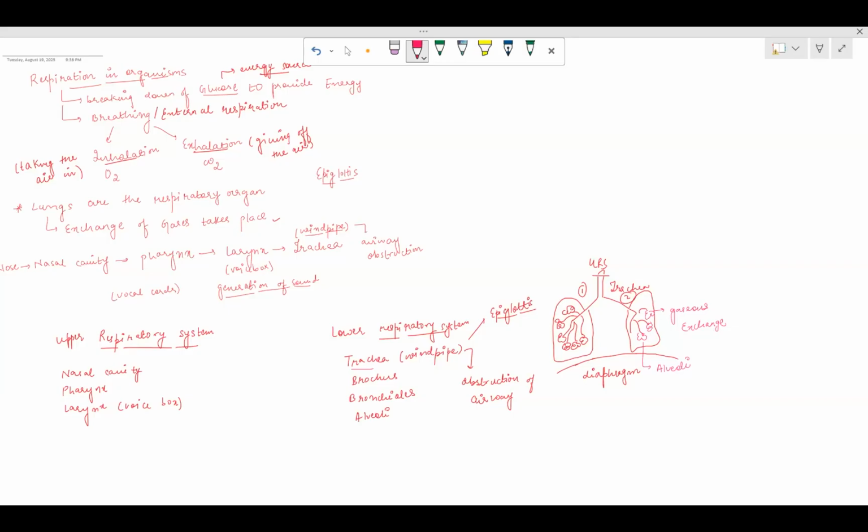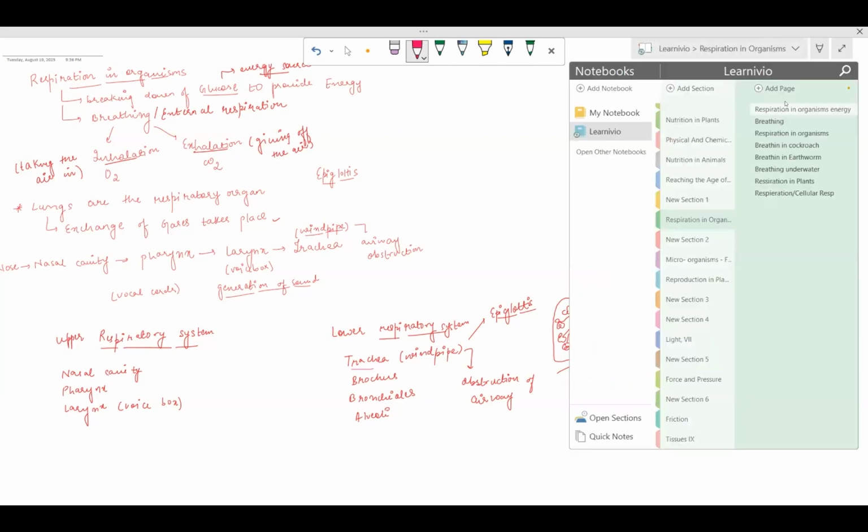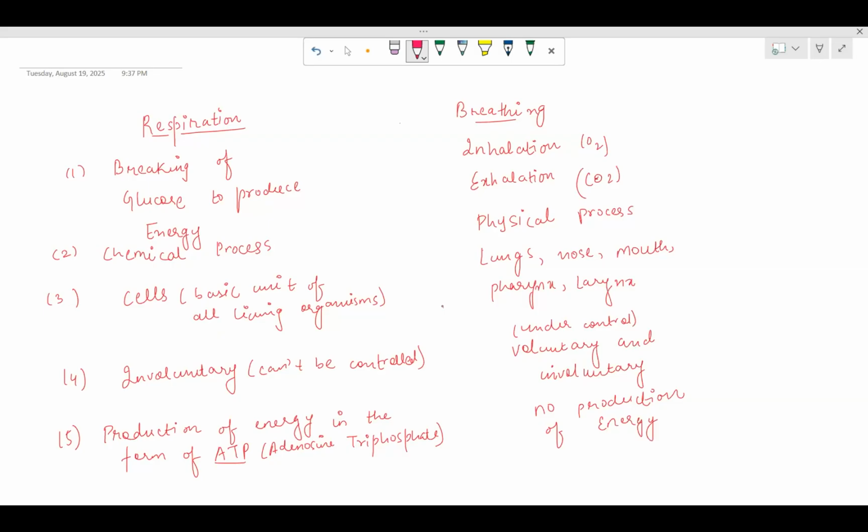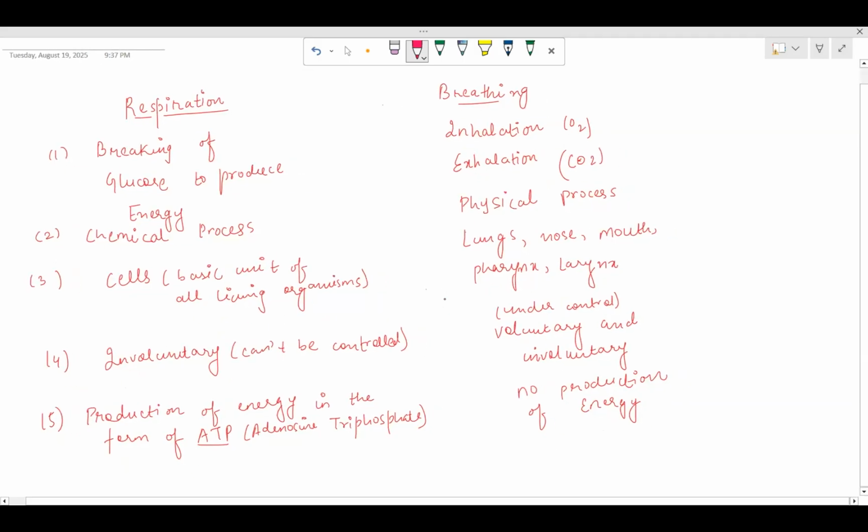Fine. Now, coming on to the difference between the respiration and the breathing. Respiration is simply the breaking down of the glucose to produce the energy, because your glucose is the energy source, whereas breathing is taking the oxygen in and exhaling the carbon dioxide out.